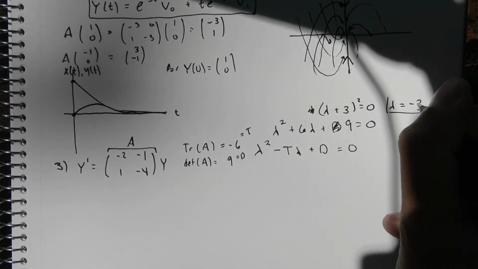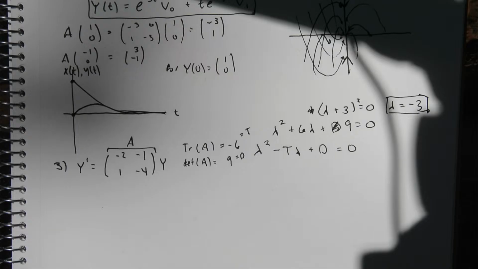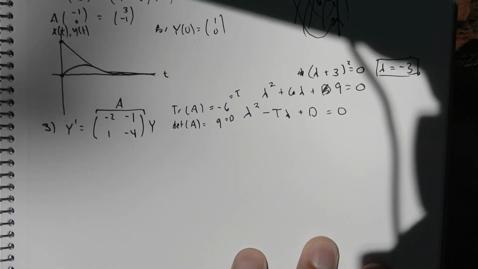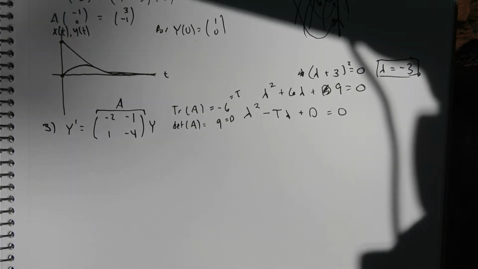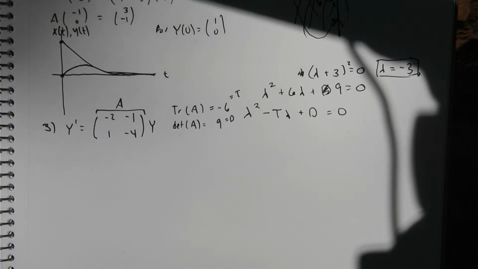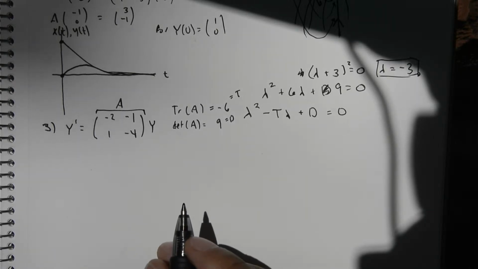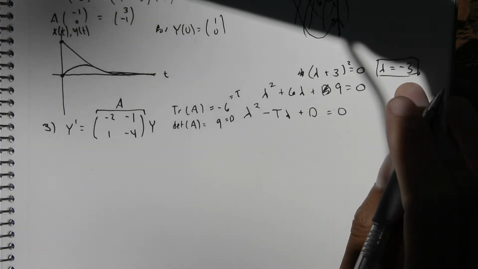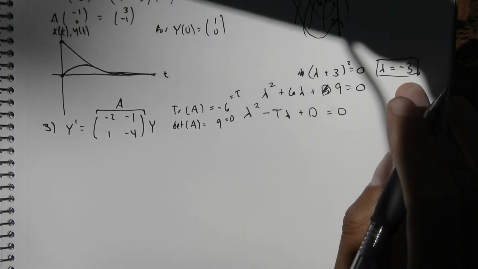So we have the same eigenvalue, and it's repeated. But one thing that's different is that this one is not lower triangular. So since it's repeated, how do we know?